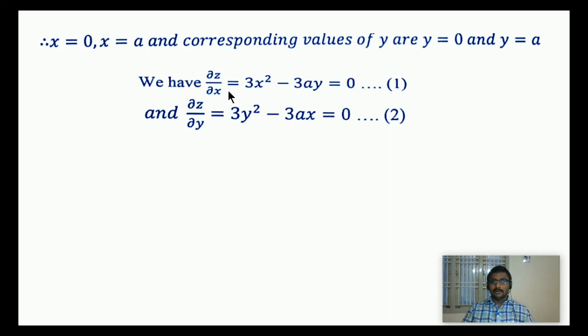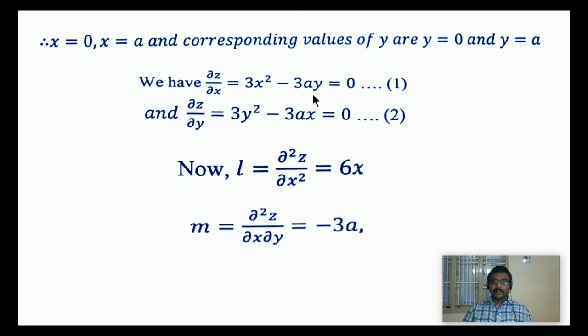Now we have dou z by dou x and dou z by dou y. At these stationary points, we have to compute the L, M, N values. L is dou square z by dou x square, which is obtained by differentiating dou z by dou x with respect to x: 3x square derivative 6x, minus 3a y derivative 0. M is dou square z by dou x dou y, obtained by differentiating dou z by dou x with respect to y: 3x square derivative 0, minus 3a y derivative minus 3a.